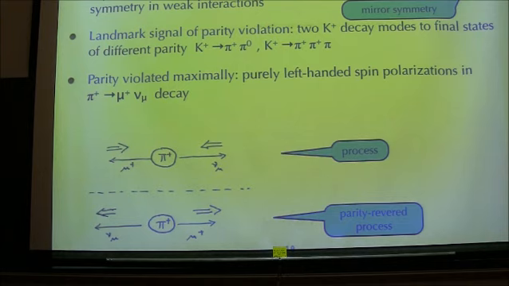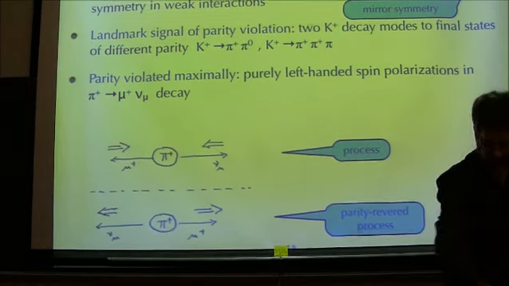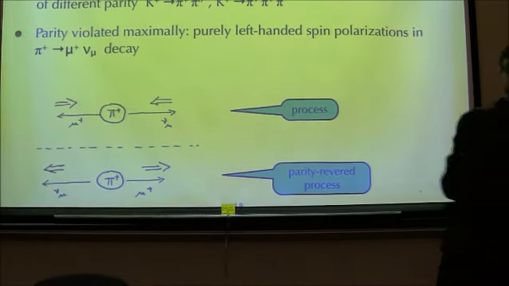Now this is what we observe in nature: all the time when the pion decays, the spin of the muon is anti-aligned with the momentum. Always, 100% of the time. Now if we parity reverse this, you can imagine the mirror is here and the muon is going this way; in the mirror it looks like it's going that way.